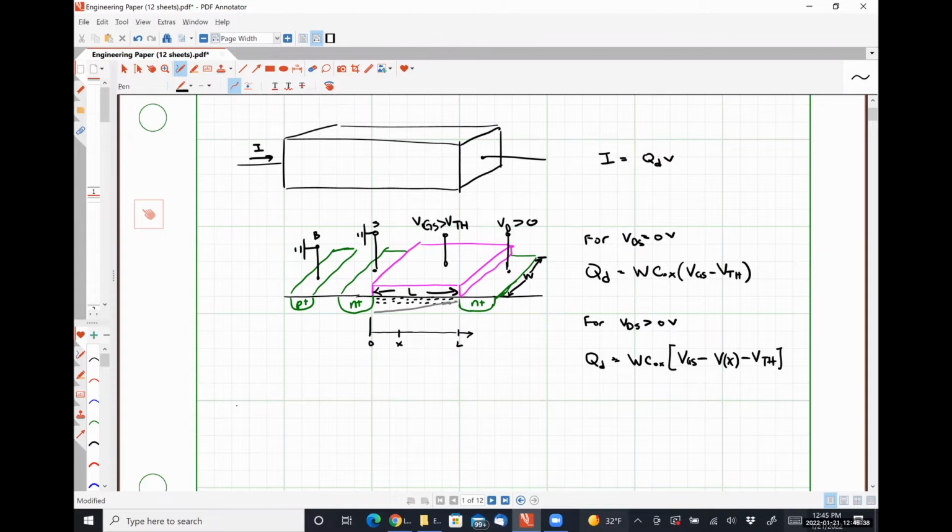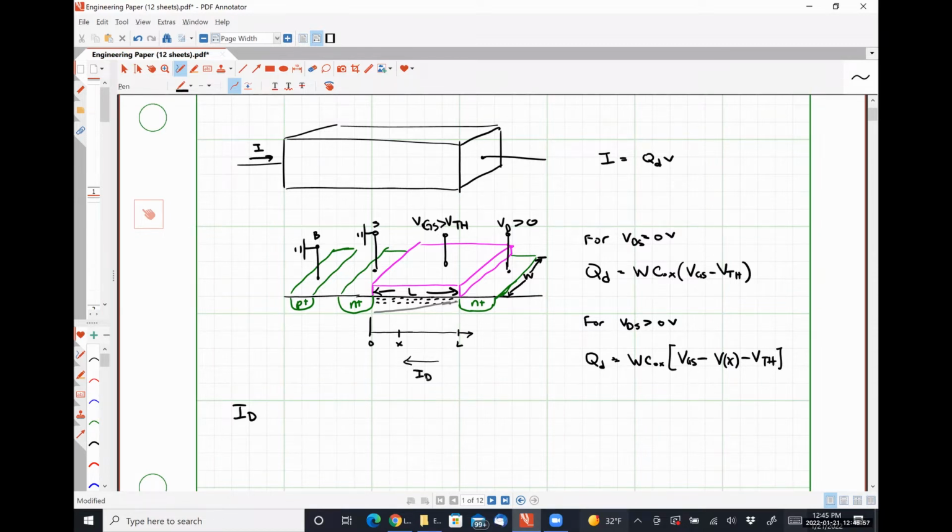So we can say ID, where ID is a current that's flowing. Let's see. The field is directed this way, so the current is directed this way.